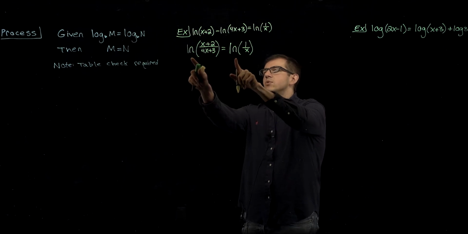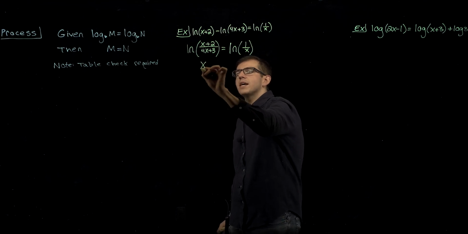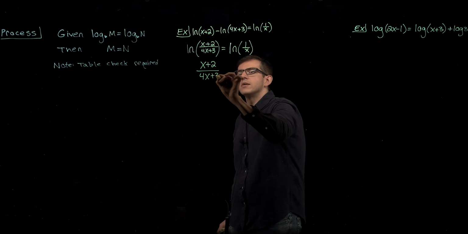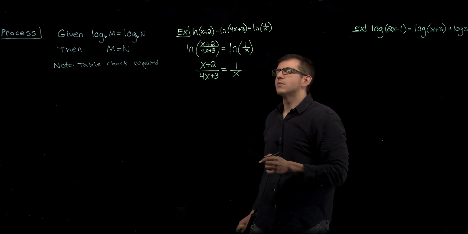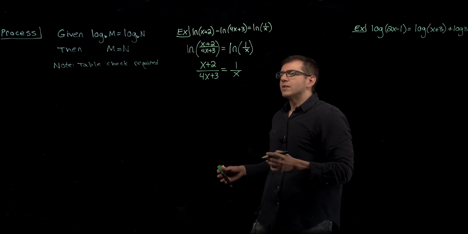Now that we have 2 logs of the same base equal to one another, we can drop the logs and get x plus 2 over 4x plus 3 is equal to 1 over x. And now we can begin solving for x.